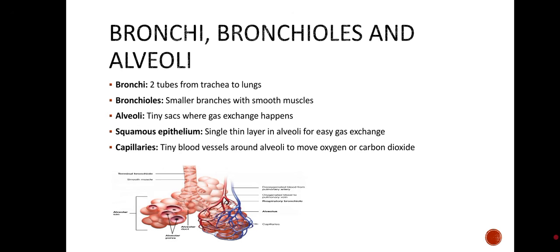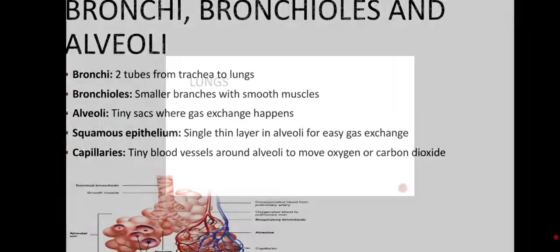I just wanted to show you what we're actually talking about, so you can get the idea. Now, one thing you should know, the air path is nose to pharynx to trachea to bronchi, bronchioles, and alveoli. Okay, now we're moving to the lungs, right?